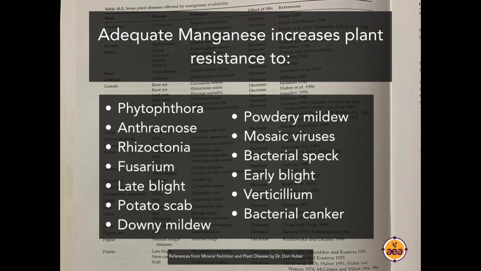I selected these diseases to highlight because they are, for many crops, the diseases correlated to manganese and to copper. They cover a significant array of the most economically damaging diseases for a lot of different crops. There are certainly some outliers, but this covers a very significant spectrum of economically impactful diseases.